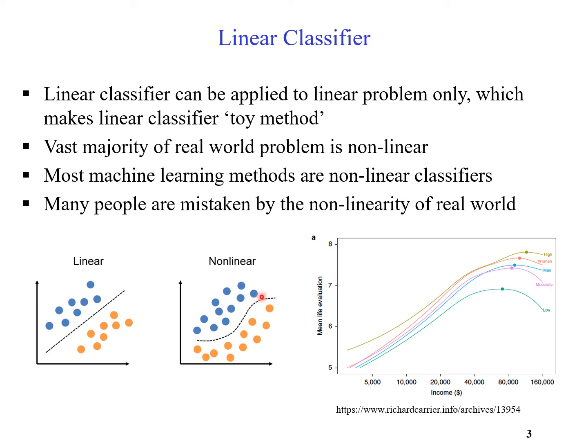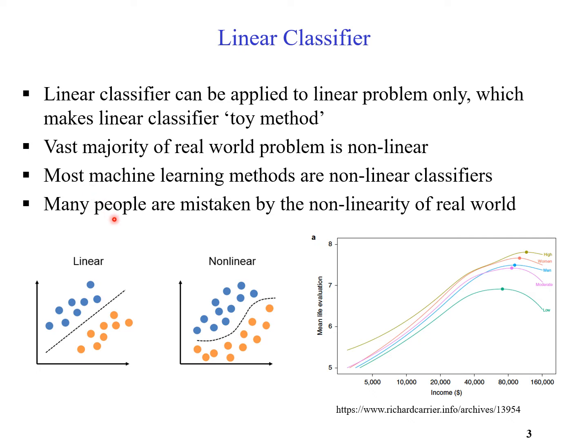Because of that, most machine learning algorithms are non-linear classifiers. But what is very interesting in SVM is that SVM is a linear classifier, but it is still very competitive with other state-of-the-art machine learning algorithms. That's what makes the SVM algorithm very interesting.